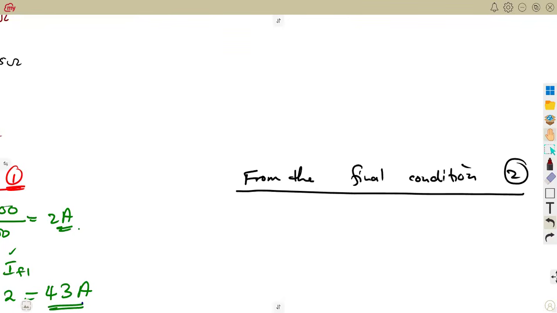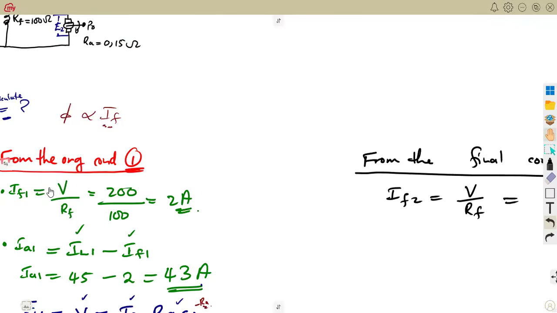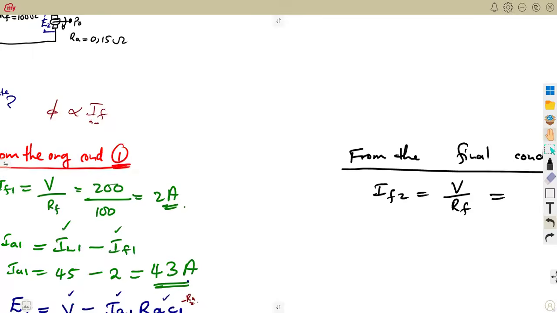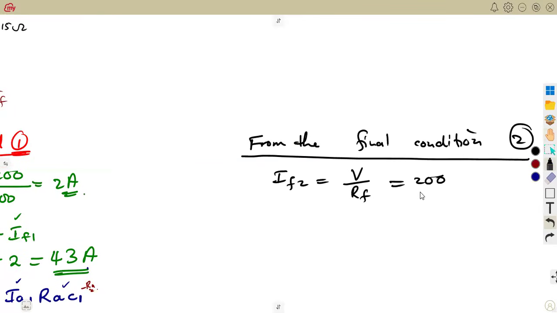Because if there was something that was connected there, it was going to affect. But according to ours this time, there's no effect. So it's just simply a repetition of what we did here. 200 over what? 100, because it's the same. Nothing has changed there, which is 2 amps, according to this question.